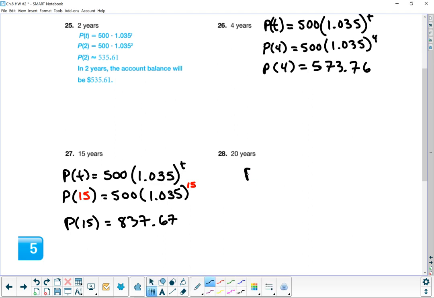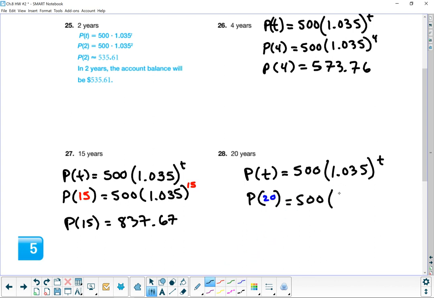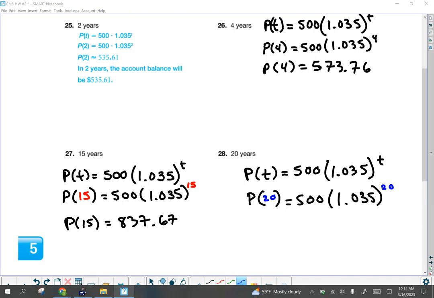And the last one, we got P of t. This time we're doing 20 years. So I'm going to write P of t again, 500, 1.035 to the t power. We want P of 20 for 20 years. That's going to equal 500 times 1.035 to the 20th power.